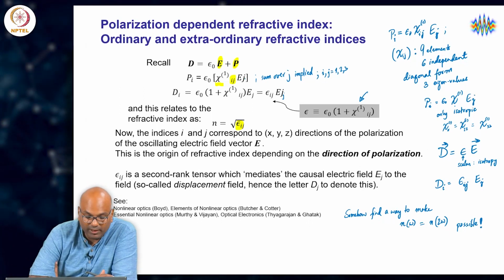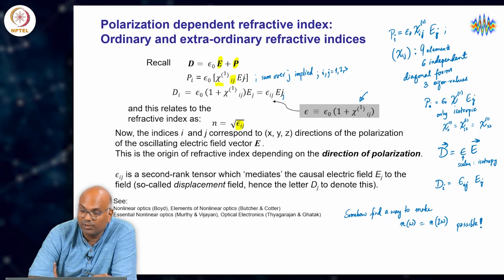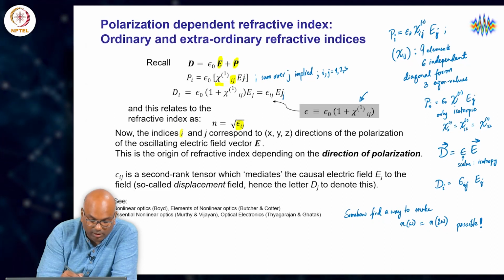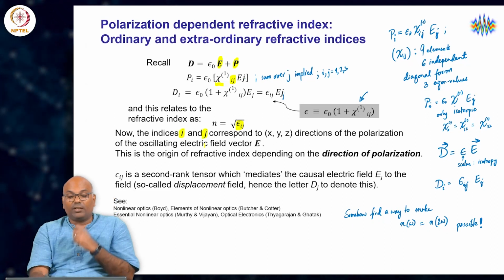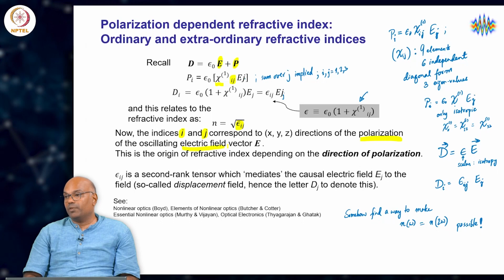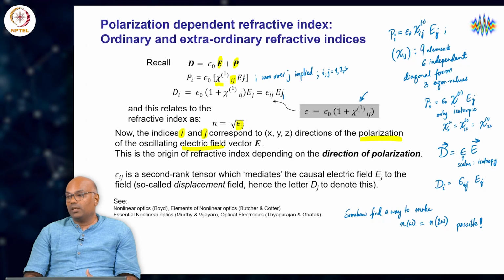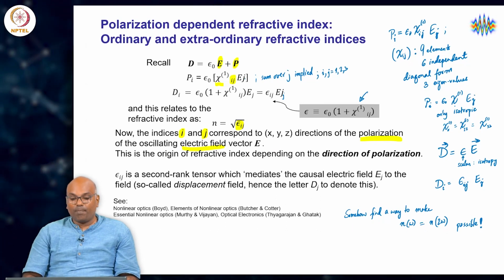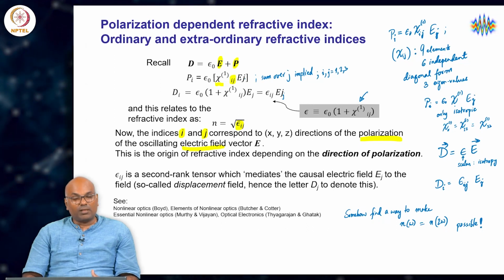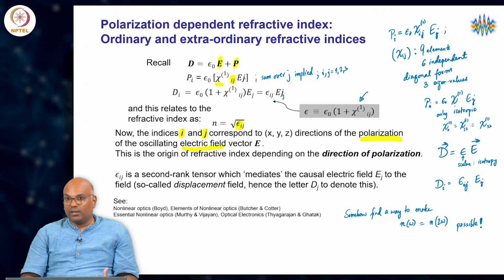Now, what do the indices i and j correspond to in terms of their direction? These indices i and j correspond to the polarization of the electric field, the polarization of the beam involved in these media. So what does this tell us? So far we looked at refractive index as something depending on the frequency of the driving electric field E of t.